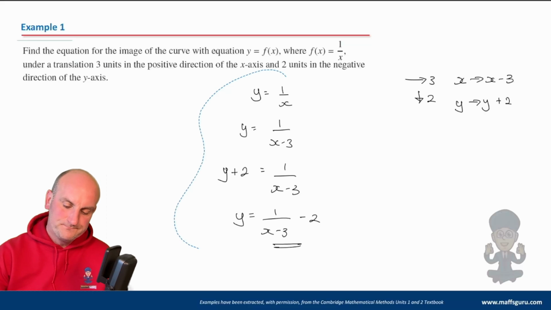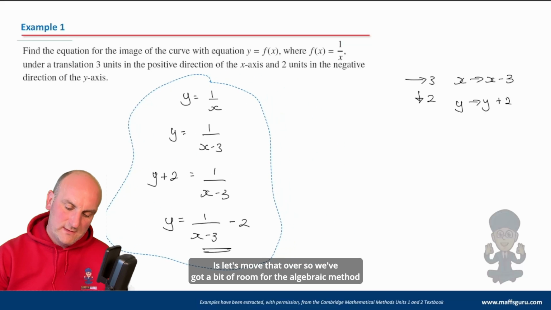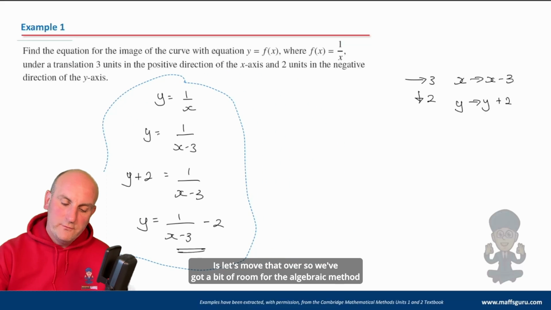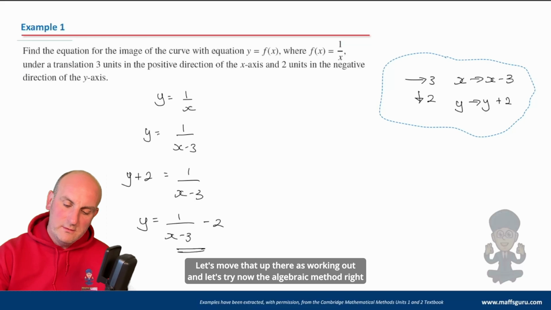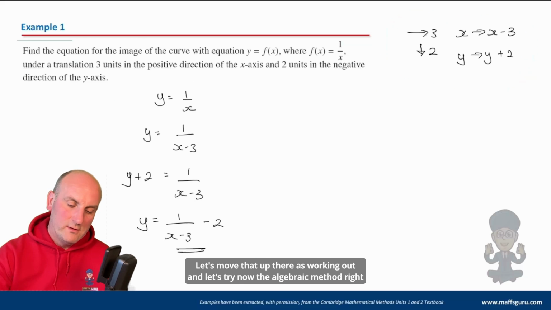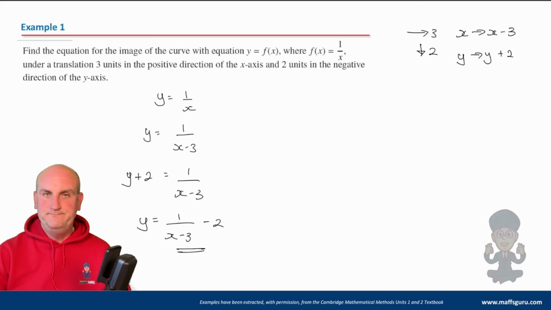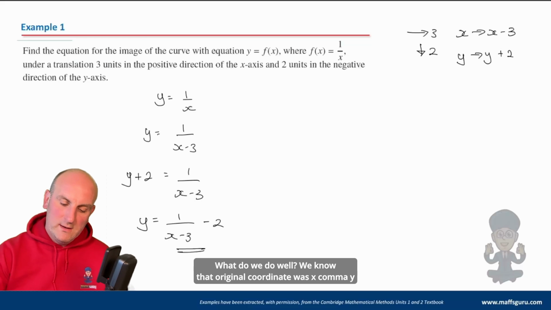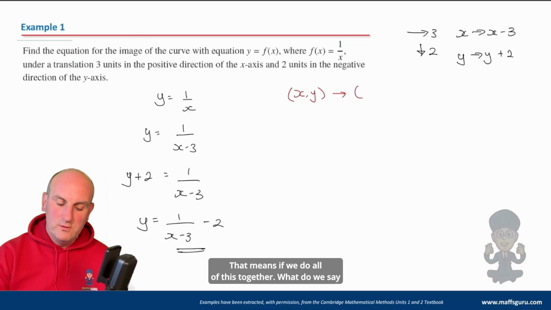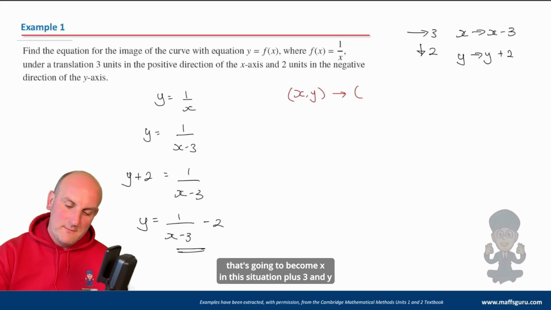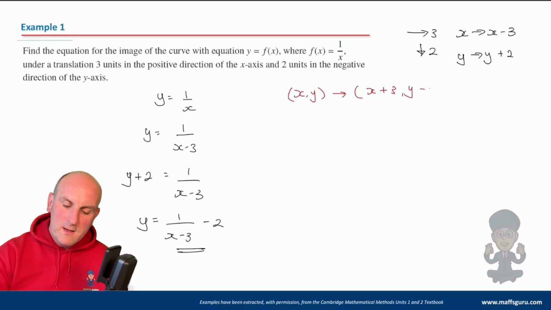Now, what I'm going to do is let's move that over, so we've got a bit of room for the algebraic method. Let's move that up there as working out. And let's try now the algebraic method. Right. What do we do? Well, we know that our original coordinate was x comma y. That means if we do all of this together, what do we say? That's going to become x in this situation plus 3 and y minus 2.